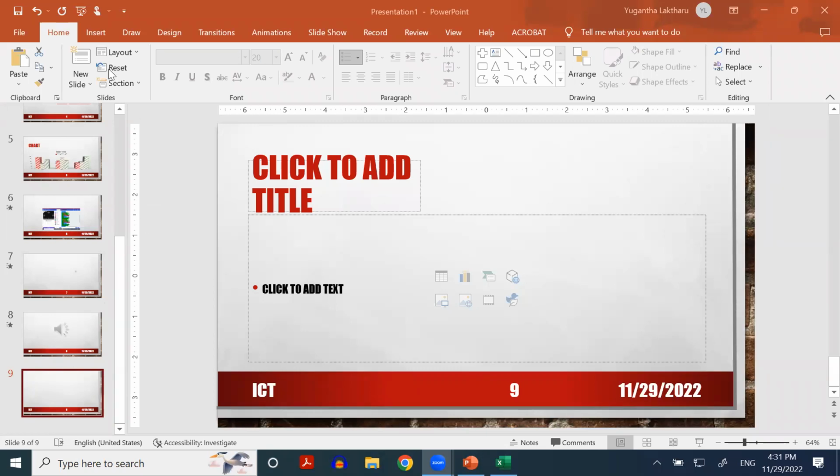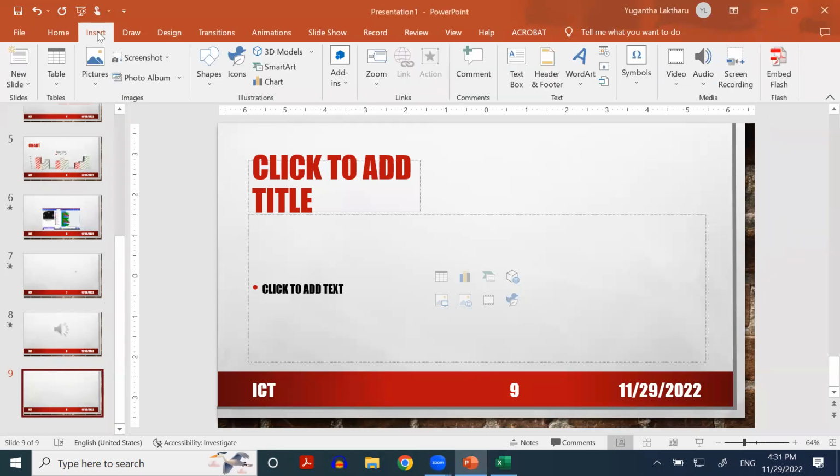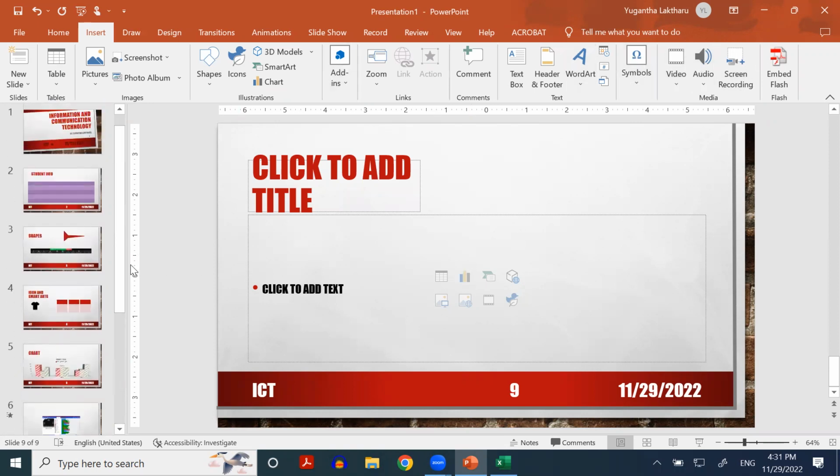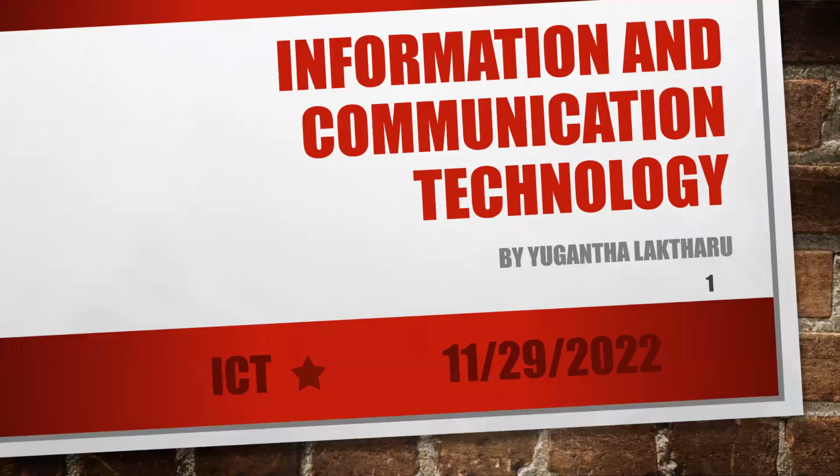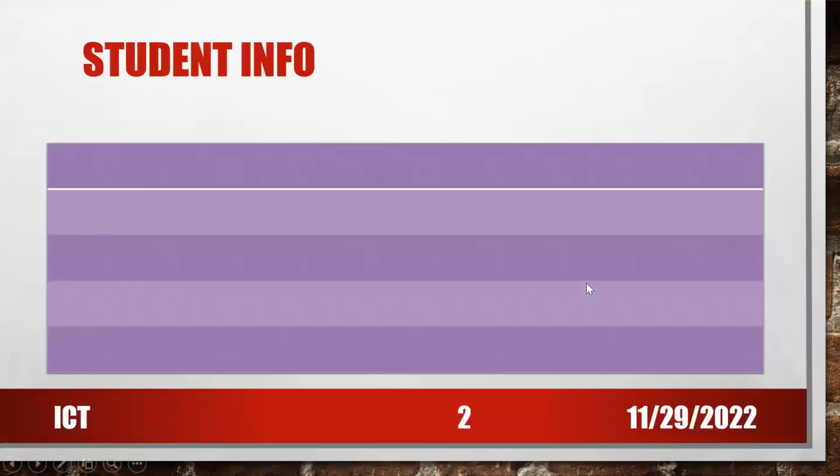Okay, so in the Insert tab, we talked about almost everything that was new to the presentation software. So let's see how it's going to happen. By mouse click, it will change.